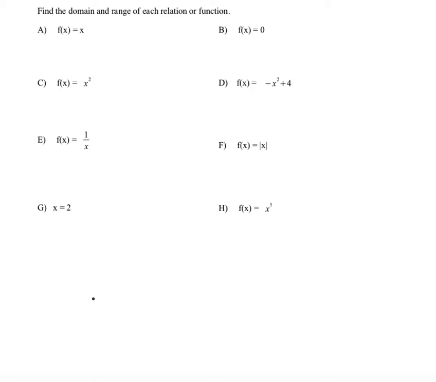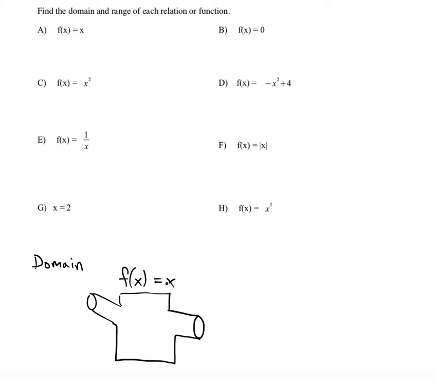The machine has inputs on the left, outputs on the right. And when we're considering the domain and range, we want to figure out what we are allowed to put into the left side of this and not have a problem. The rule f of x equals x simply says that whatever you put in on the left comes out on the right.